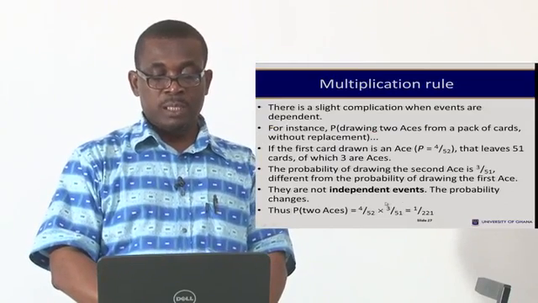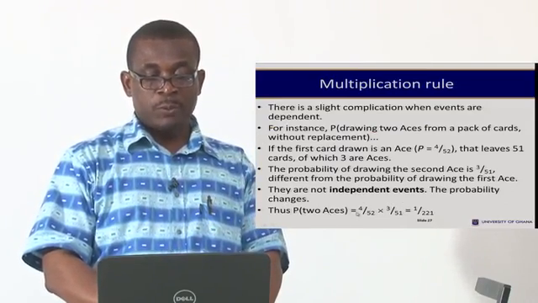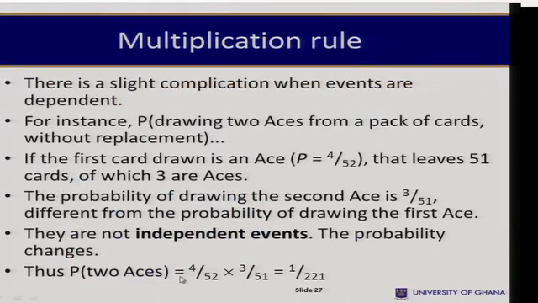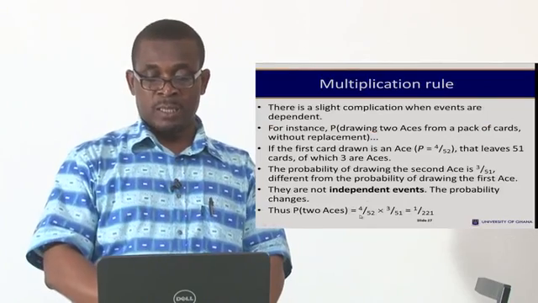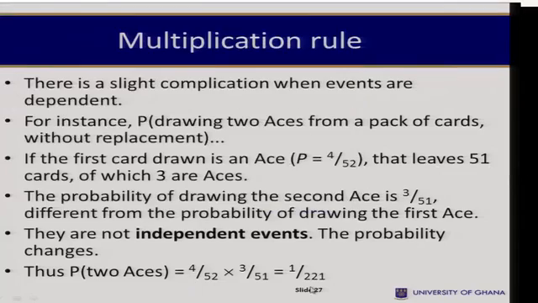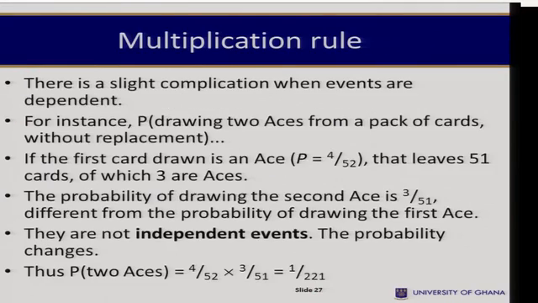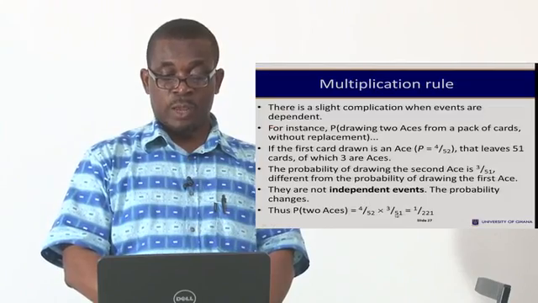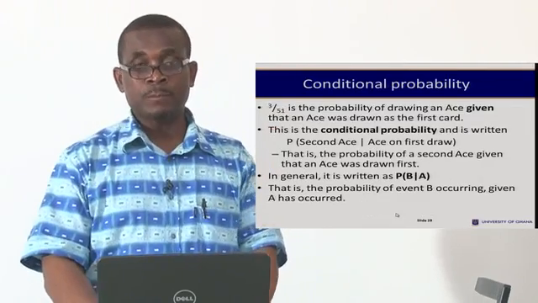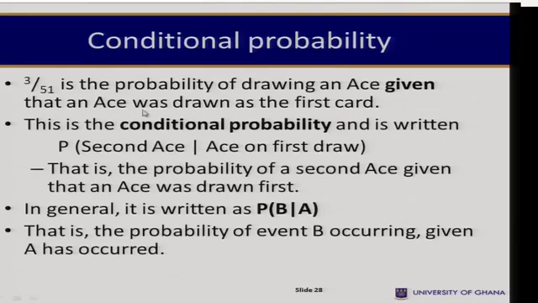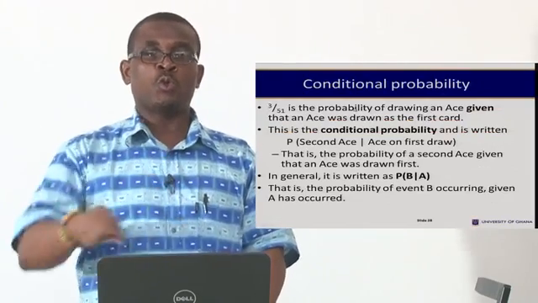Okay? So the probability of two aces must be the probability of drawing the first ace times the probability of drawing the second ace, which is different from the probability of the first ace. And your answer is 1 over 221. So the probability of drawing the second ace, 3 over 51, that we obtained, is called the conditional probability. It is on condition that an ace was drawn first.